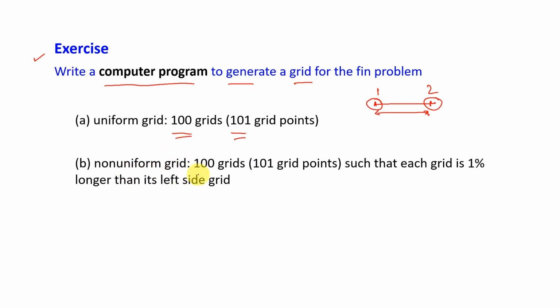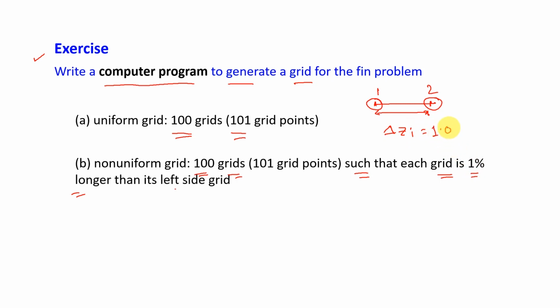In a non-uniform grid, let's say you have the same thing, 100 grids, that means 101 grid points, such that each grid is 1% longer than its left side grid. So if I take this delta zi, this should be 1% longer.